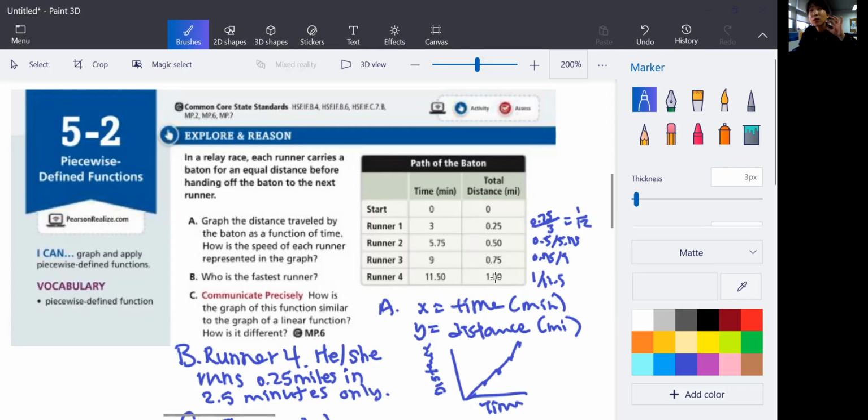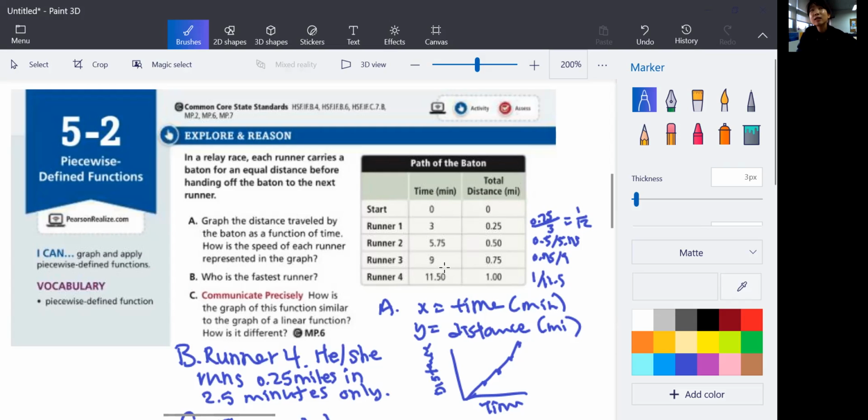So runner 4 finishes the mile race. So it's pretty long, and the time is 11.5 minutes total for all 4 runners to run the whole mile, one at a time.